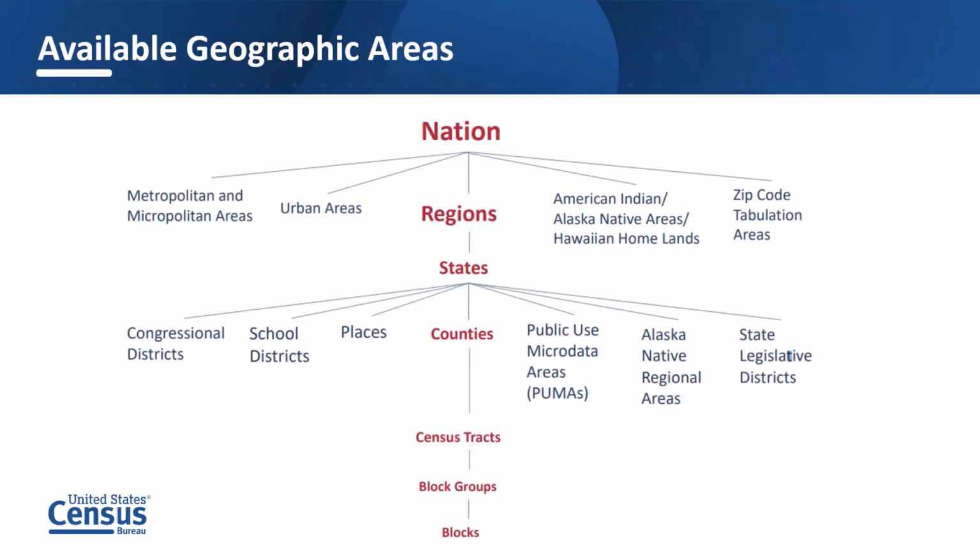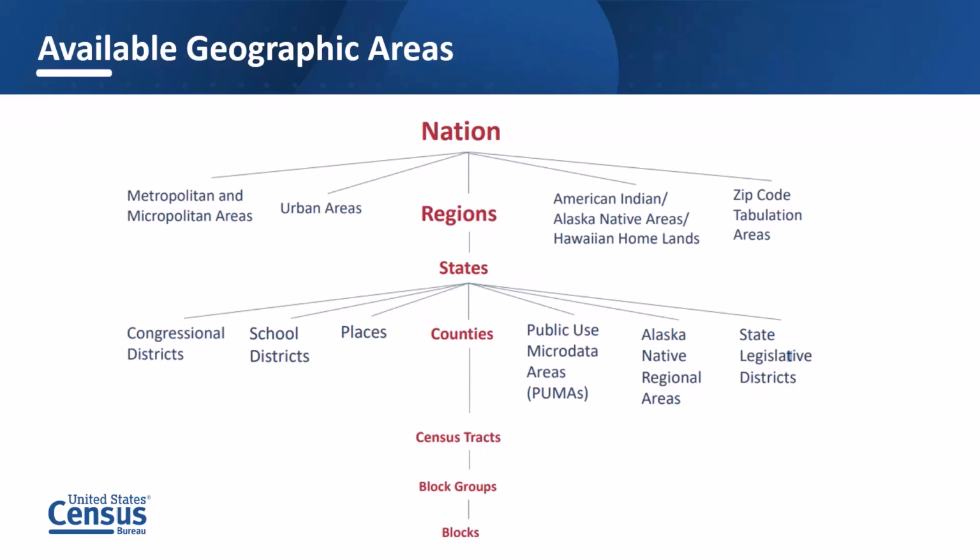Here's our geographic hierarchy. It goes from the nation all the way down to the block. The American Community Survey data is available down to the block group level. At the block level, it's just 2020 census data. So if you think of a block in your neighborhood, that's kind of indicative of a census block.